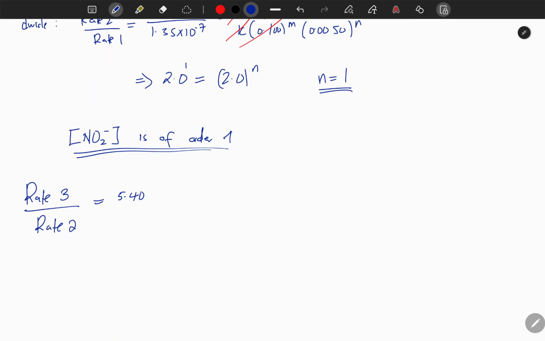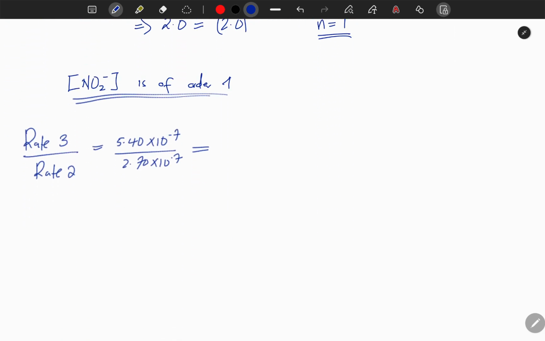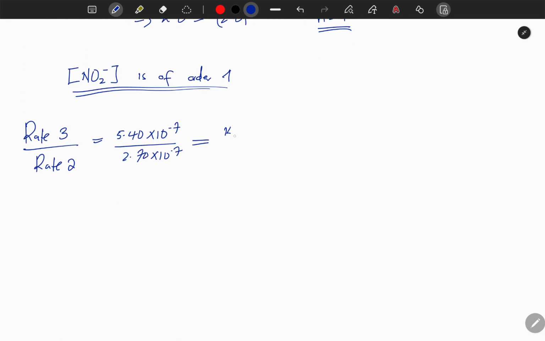So 5.4 times 10 to the power negative 7 is dividing 2.70 times 10 to the power negative 7 equal to, yes. So now 0.2 is dividing 0.1. But we've got k there.